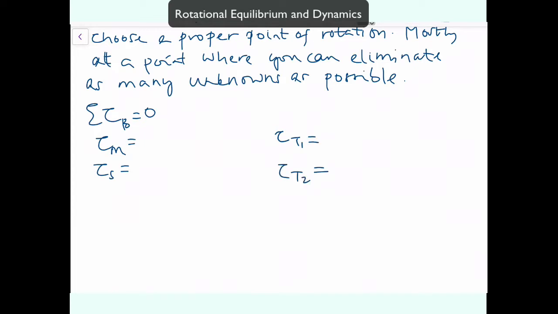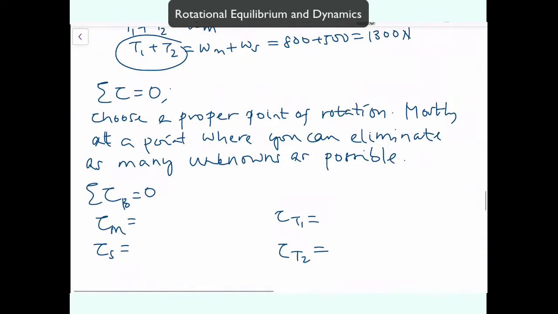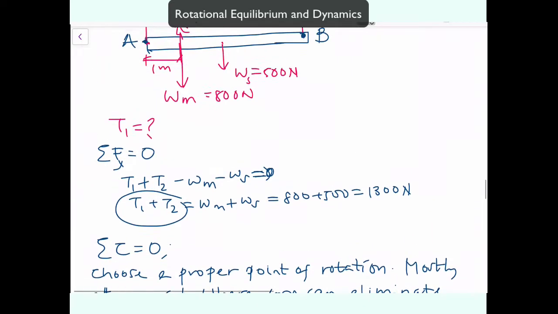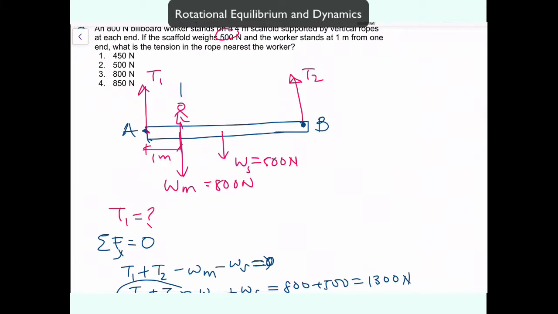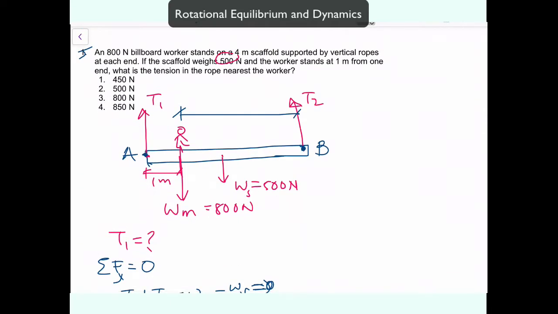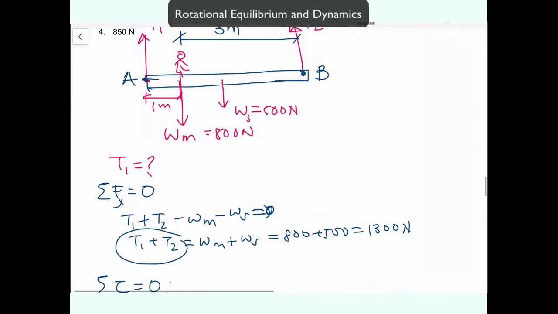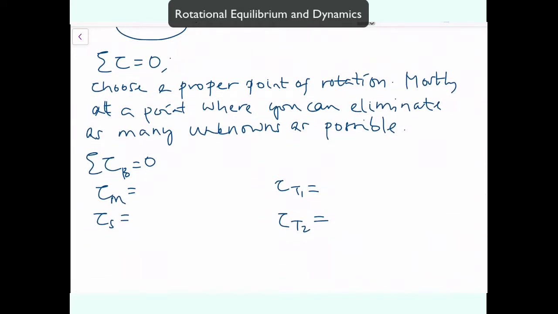Okay. The first thing, let's start with the man. How far is the man from point B? That is his lever arm, the distance that you need to consider. The whole scaffold is 4 meters, and he's standing at a distance of 1 meter from point A. So from T2 you will have 3 meters.